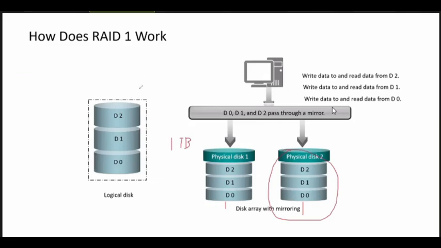So if you have 10 disks in a RAID group, you have 5 disks for, say, 10 terabytes, and the other 5 disks for another 10 terabytes. Your actual space if you use RAID 1 is 10 terabytes. The other 10 terabytes will basically be used for mirroring.